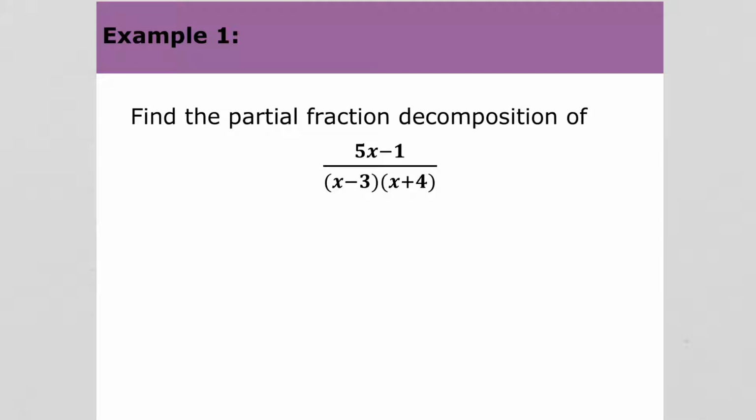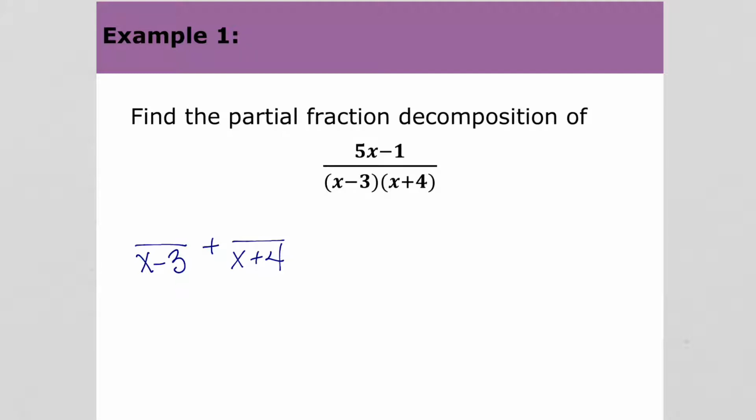So what we do with this first one is we need to figure out, if we separated this so that we have x minus 3 under one fraction and x plus 4 in another fraction, what would go on top?